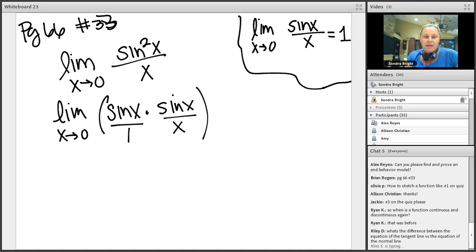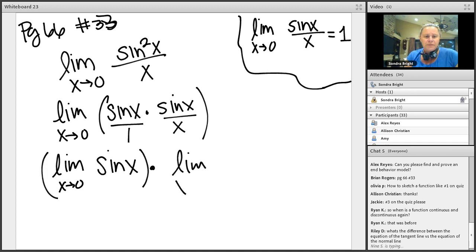And then this is equivalent to, you do not need to show me this work, but it is true that this is equal to the limit as x goes to 0 of sine of x times the limit as x goes to 0 of sine of x over x.